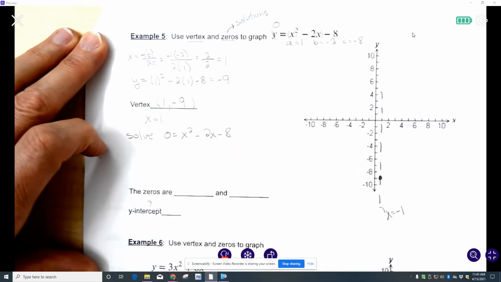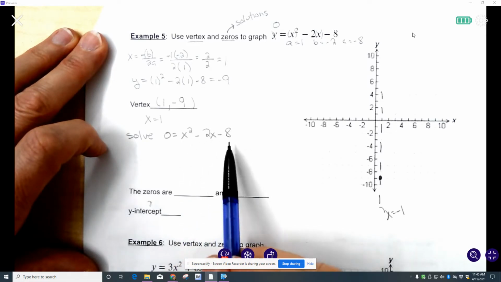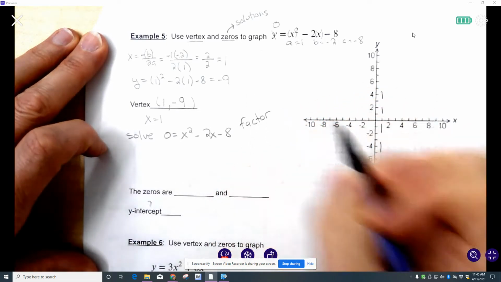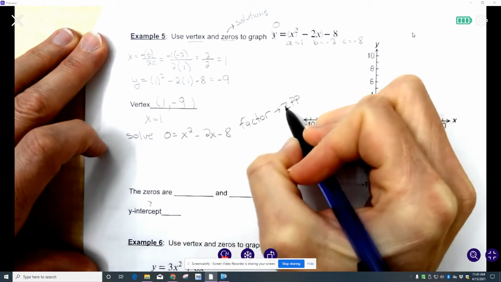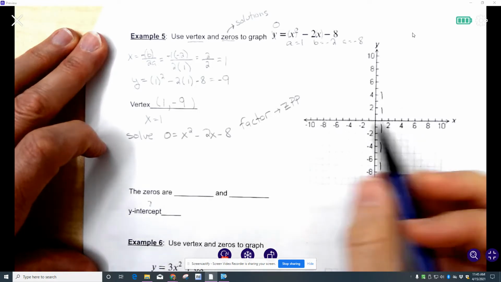These are what we did in chapter 7. We solved by graphing. This one, we solve by factoring. We're going to factor this, then use the zero product property, ZPP, and solve to find our 2 x-intercepts.